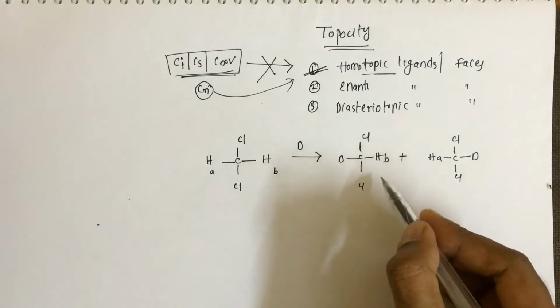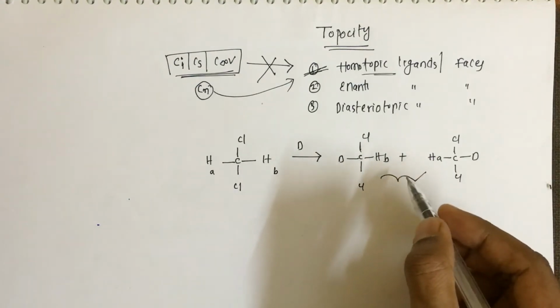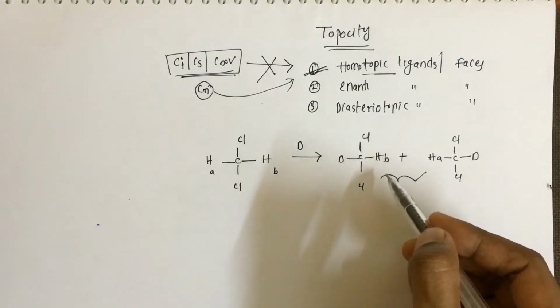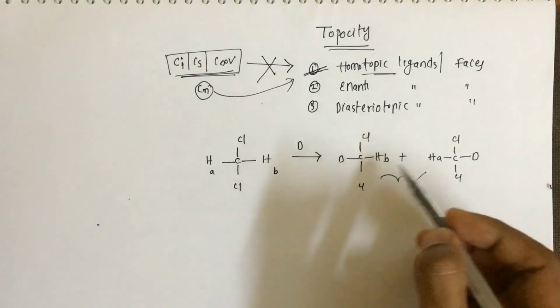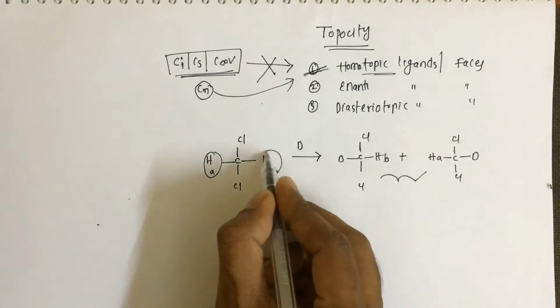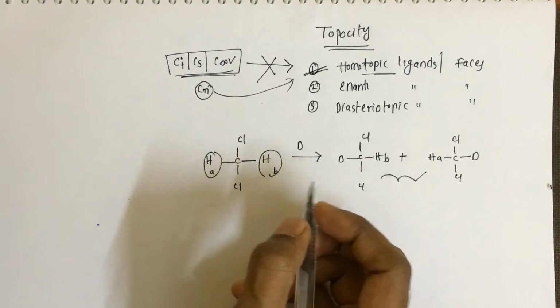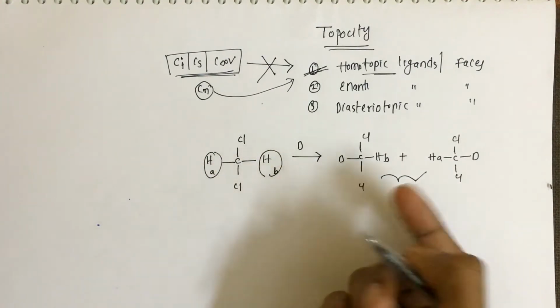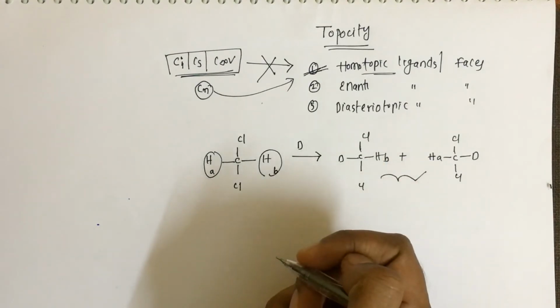These two compounds are the same. First of all, there is no chiral center, so these two compounds are the same. Because of that, these two hydrogens in dichloromethane are what we call homotopic ligands.